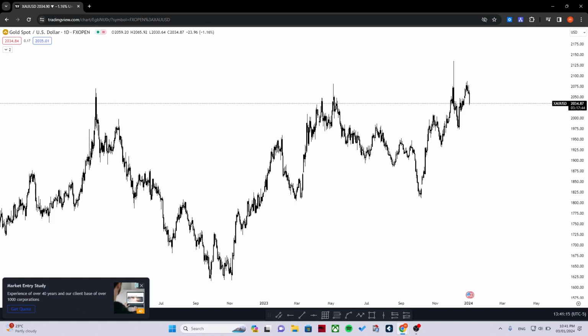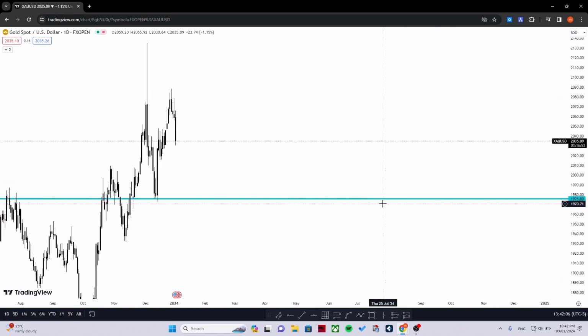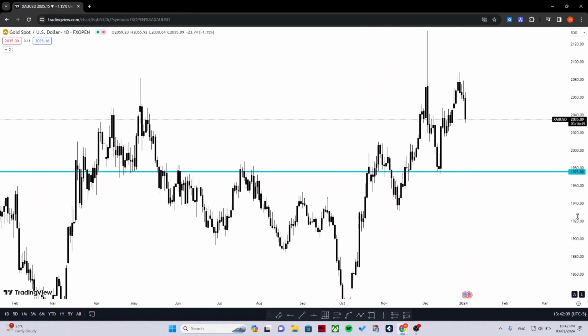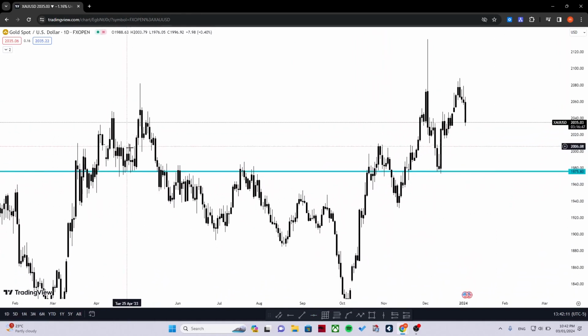We need to identify the support first. So the basic support will be right here. Okay? Right here, the support. Why? Because it's recent, and this is history in April and this is in December. As you can see, it retested this area and it reacted as a support.